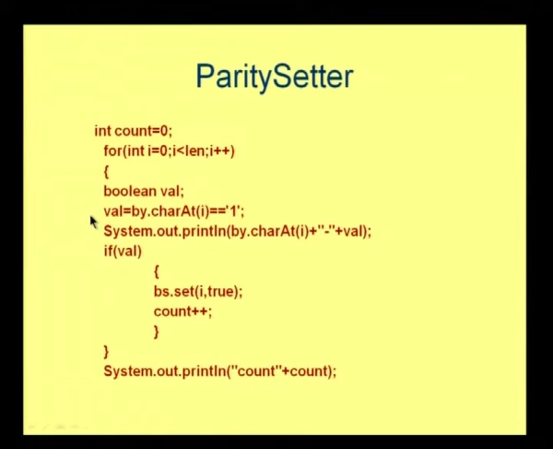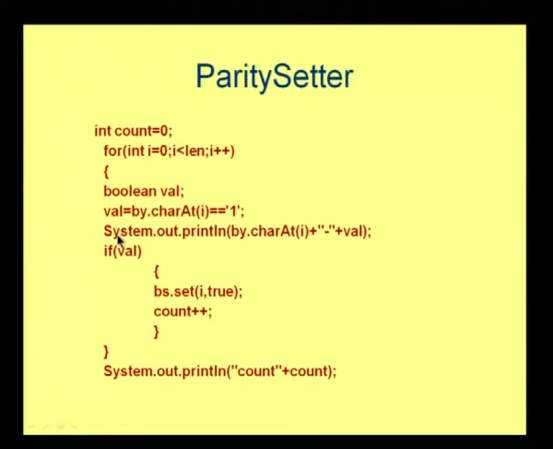So now value is equal to, I am getting the character at that particular position and then equating that to 1. A single equal to means that I am going to assign a value, whereas double equal to means that I am going to check the particular value. I am checking whether this value is 1.